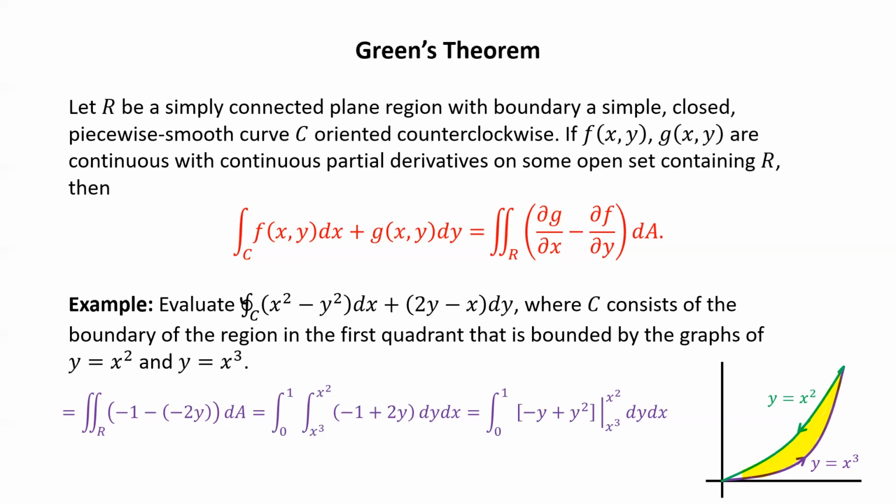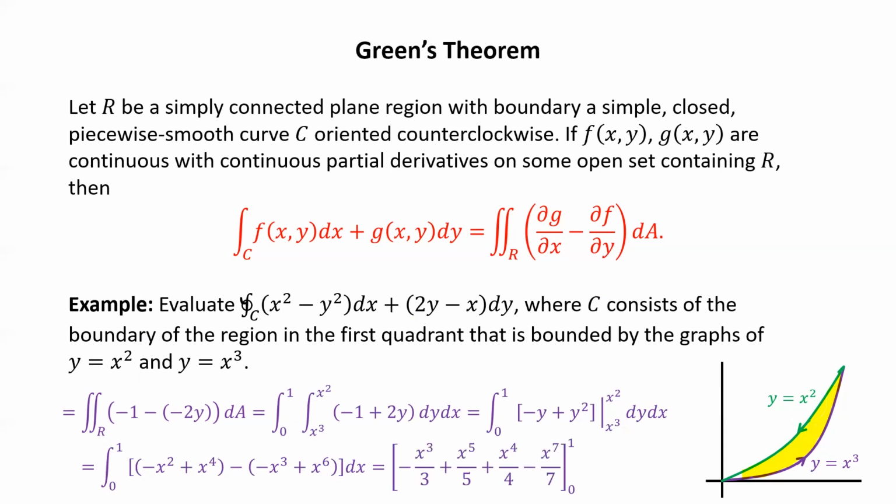We first integrate with respect to y to get -y plus 2y squared over 2, or just y squared. And we plug in the x squared and the x cubed and subtract. So we get -x squared plus x to the 4th minus (-x cubed plus x to the 6th). And now this is just a bunch of power rules.